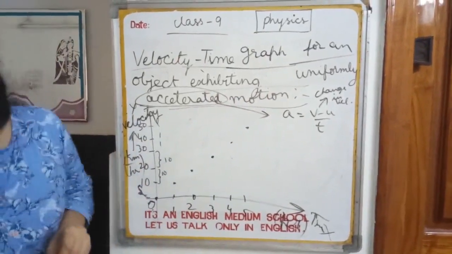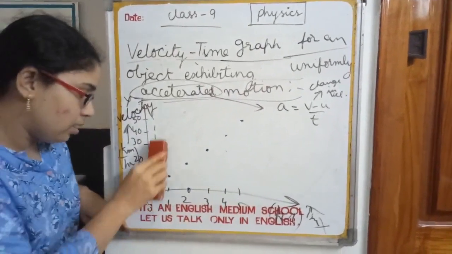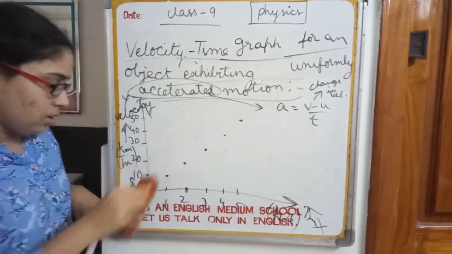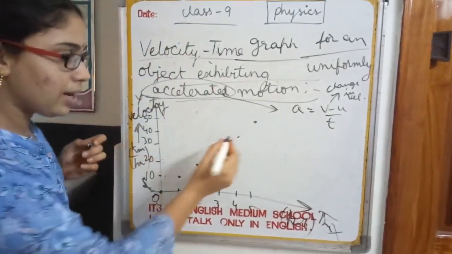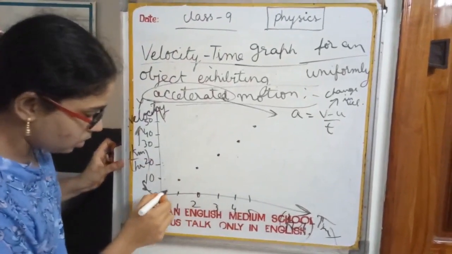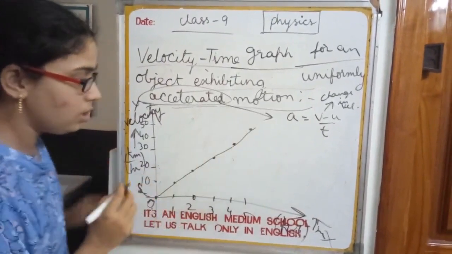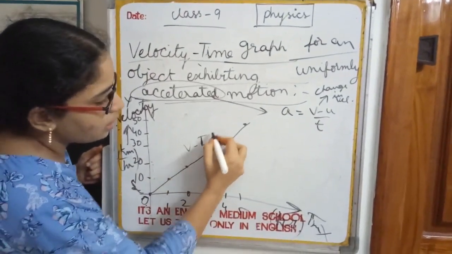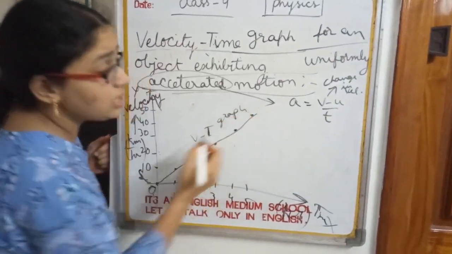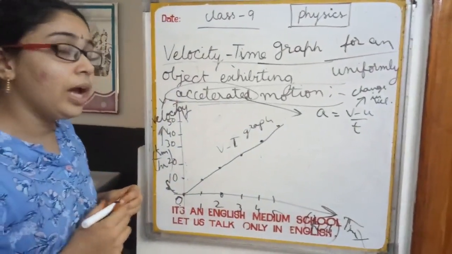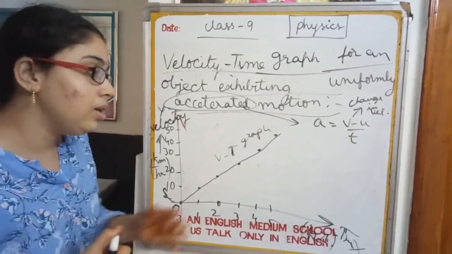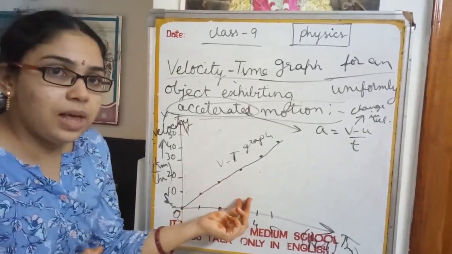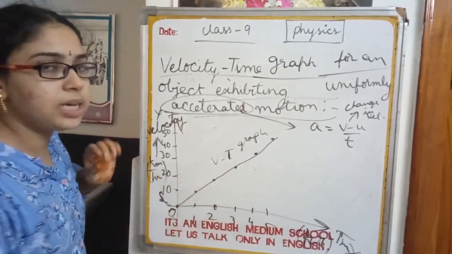And here I had marked these points, and now I am going to join those points with a smooth line, and this is the required velocity time graph. And what is the use of the velocity time graph? It is used to find out the magnitude of displacement or distance of the object, okay.